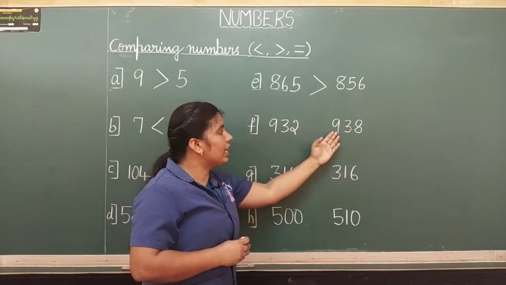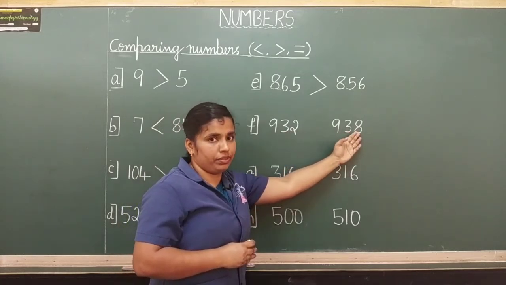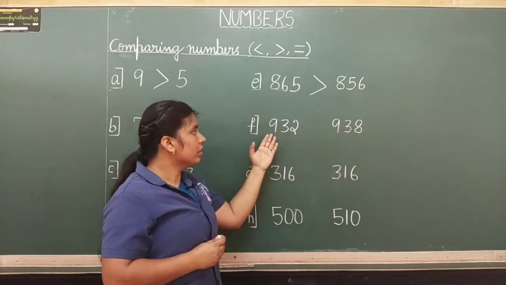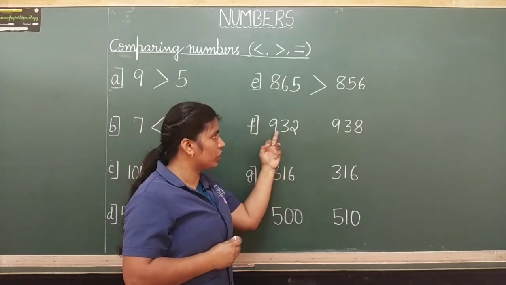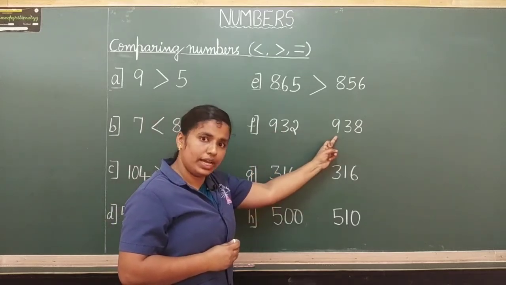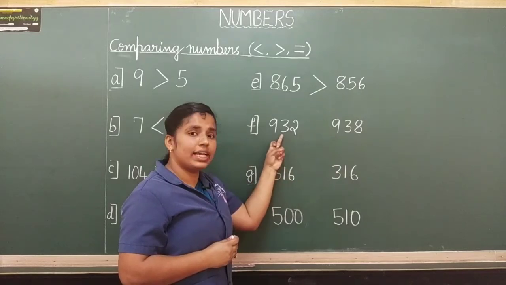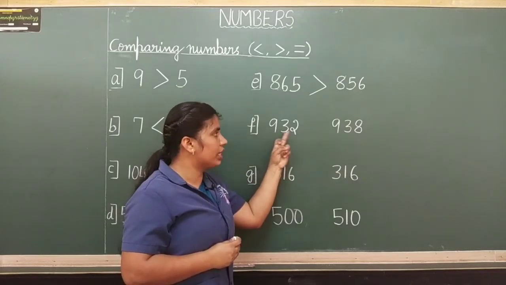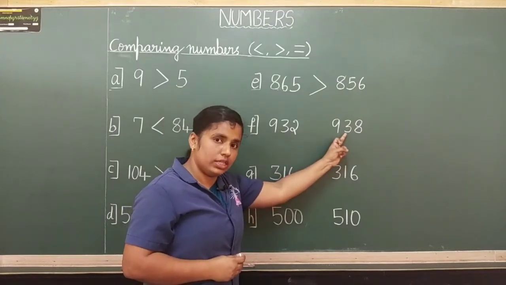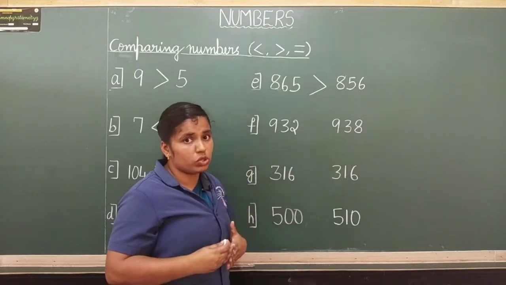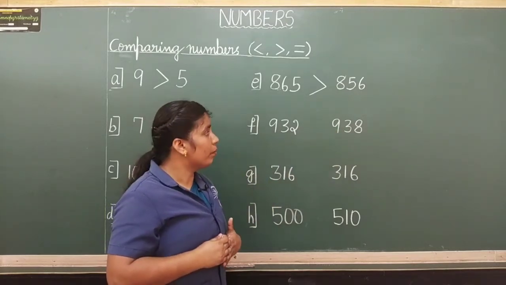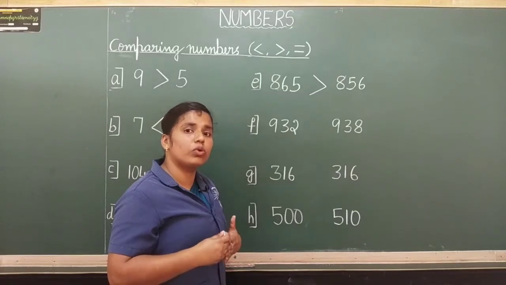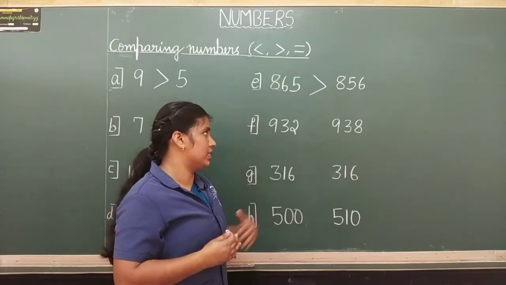932 and 938. Here in both the numbers the hundreds place is the same. Here also 9, here also we have 9. If we compare the tens place, here we have 3, here also we have 3. So, the hundreds place is the same, the tens place is also the same. When both the places are the same, then we have to go for the ones place.